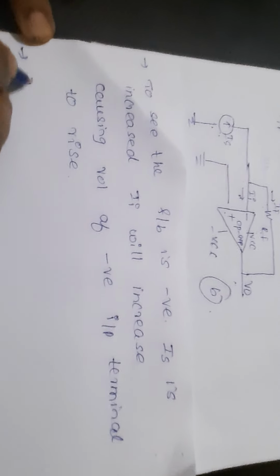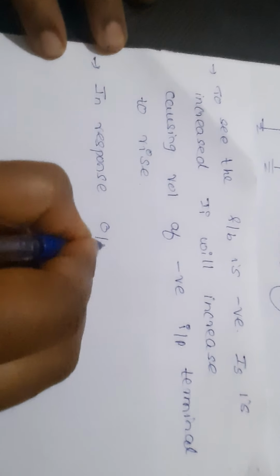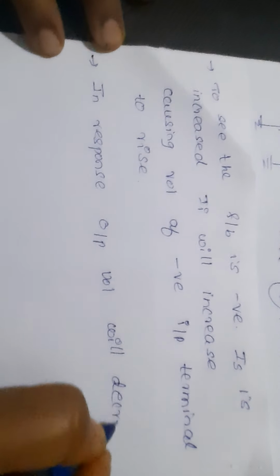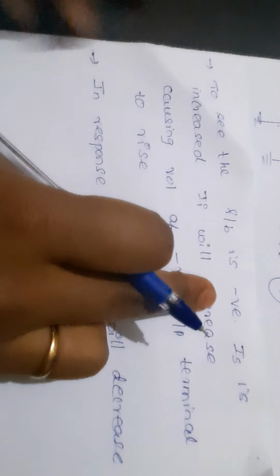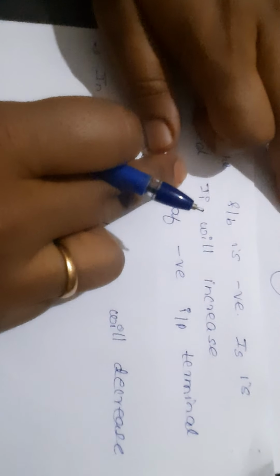Let's write here. In response, the output voltage will decrease. Why will the output voltage decrease? IS will increase, II will increase. This is given to the inverting terminal, so the output voltage is negative.